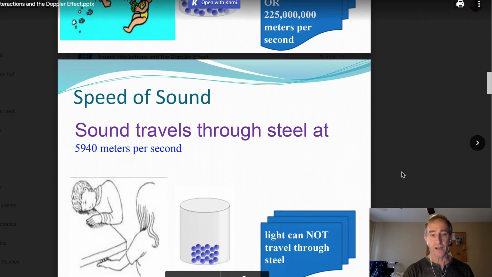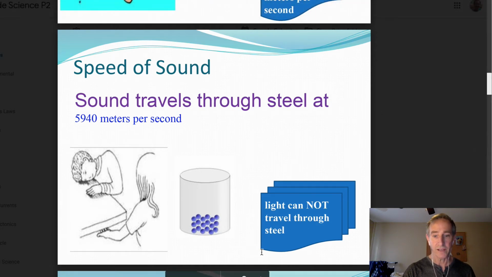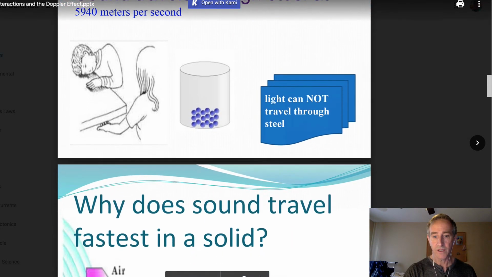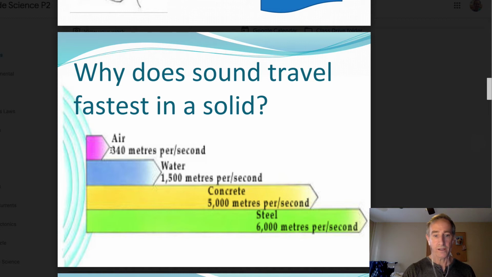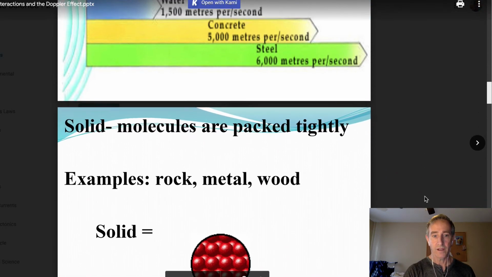Sound travels through steel the fastest at 5,940 meters per second. Light cannot travel through steel. Why does sound travel fastest in a solid? And here is a comparison of the speed of sound in air, water, concrete, and steel. Solid.